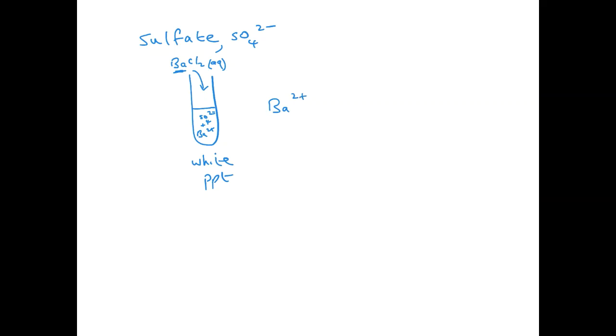They react with the sulfate ions that are in solution. Now these two ions are soluble, so often you would be asked to put in state symbols. So aqueous, aqueous, but when they combine, they form an insoluble white precipitate, and that white precipitate is barium sulfate.